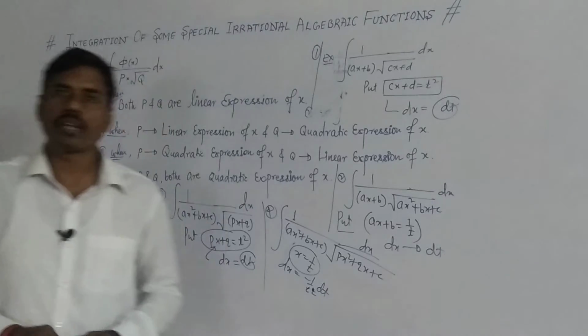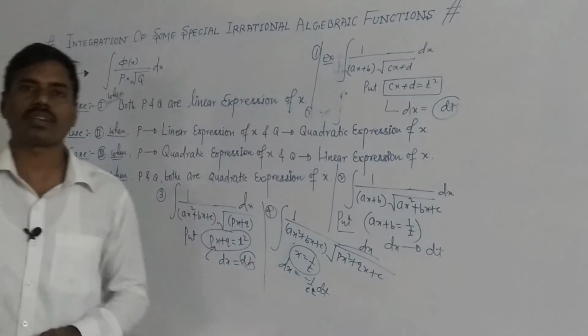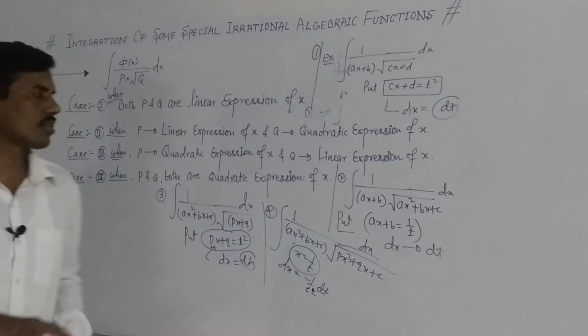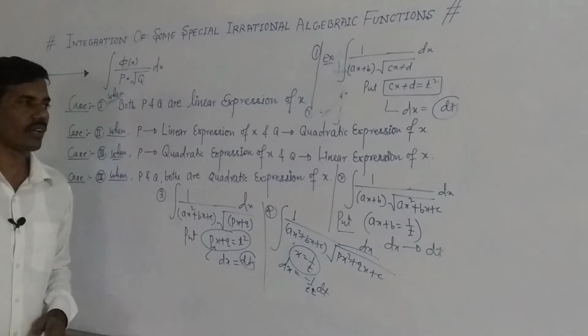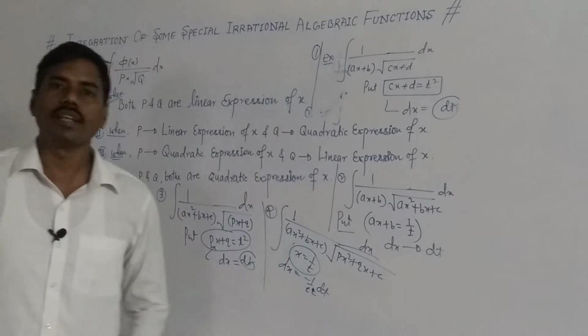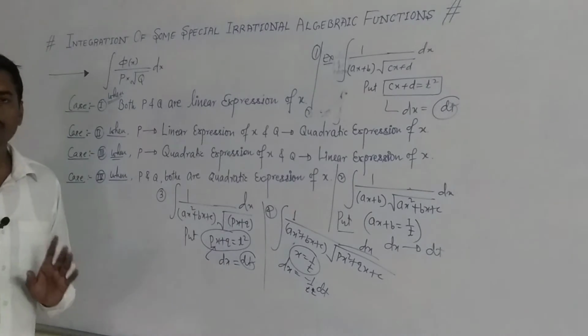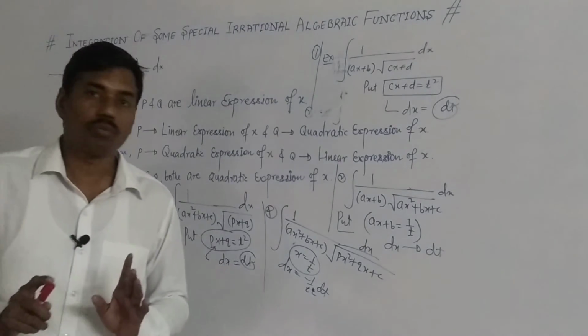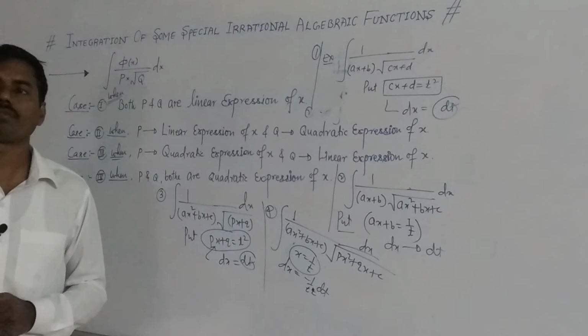In case 2, when p is a linear expression but q is a quadratic expression of x. In case 3, when p is a quadratic expression of x and q is a linear expression of x. And case 4, when both expressions are quadratic expressions of x.